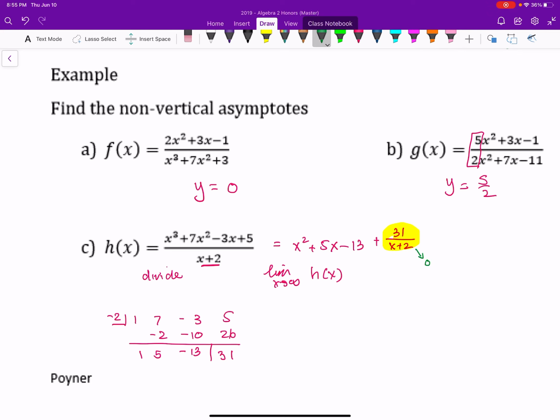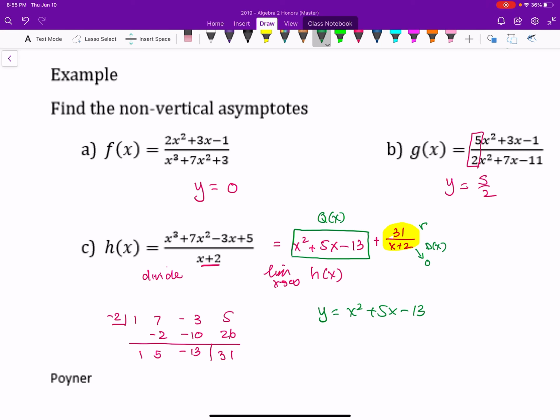So that little piece will approach 0, which means h of x will start only behaving like the quotient out here. Remember, this is q of x, this is the remainder, and this is d of x down there. So the asymptote is y is equal to x squared plus 5x minus 13.